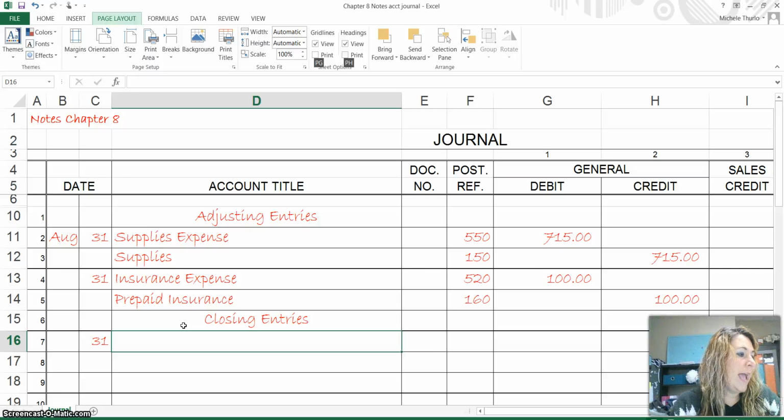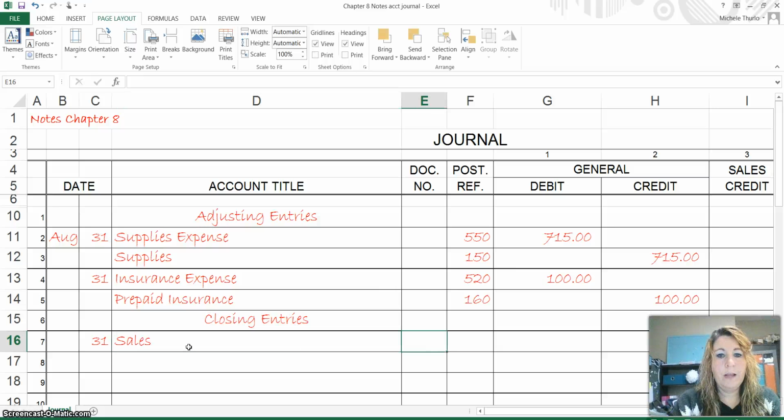And our sales has a credit balance typically. So if we had a credit balance of $3,565, in order to get that credit balance to become a 0, we're going to need to do a debit to sales. So I'm just going to put sales. And then I'm going to come over and do a debit balance of $3,565 because we typically have a credit and we want to make it 0.